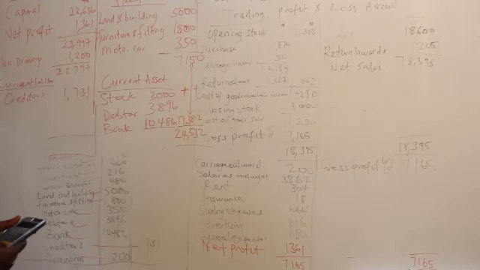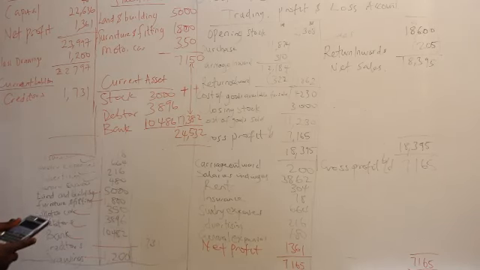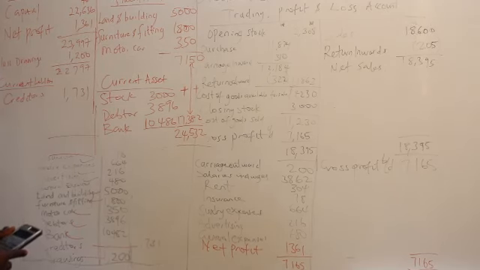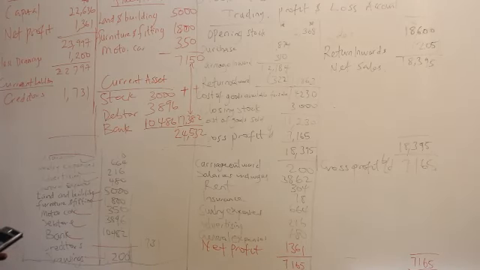Where we have the addition of this: 5,000 plus 1,800 plus 350, 7,150 plus 17,382, we have 24,532.